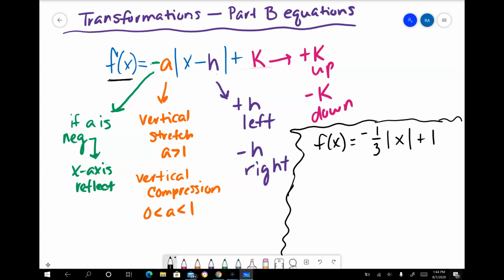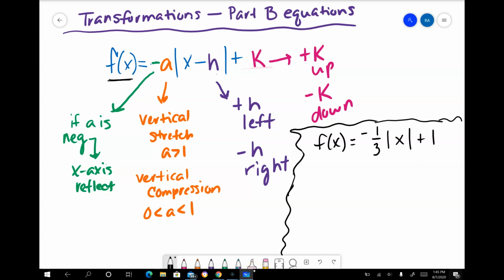Okay? All right, here we go. So again, left to right. And if you keep your same procedures over and over again, it's going to help you memorize it more, and it's going to be a lot easier to understand instead of just looking at the equation like, oh, that's up 1, oh, that's left 1. Eventually you'll get there, but start doing it left to right until you get there, okay? And it'll help out, I promise.